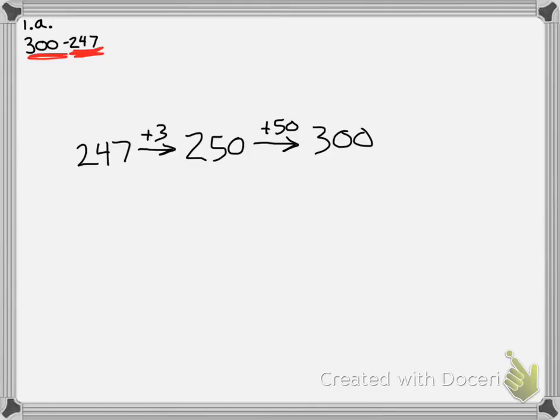Now, when we do it this way, we have to figure out how much it took to get to 300, and so we take a look right here and right here, and we have a 50 and a 3, and we know that those together are 53. And so when we see 300 minus 247, we know that the answer is 53.